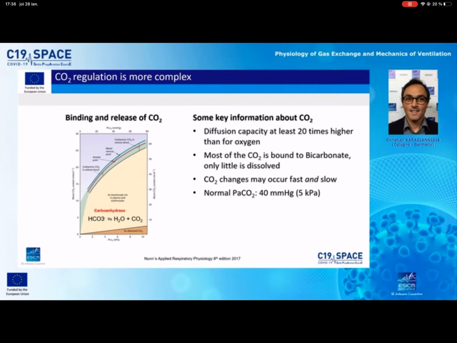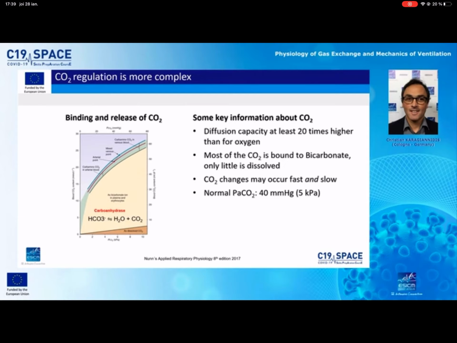And bicarbonate can release CO2, which is dependent on the carboanhydrase, the most important enzyme to get CO2 out of the bicarbonate. And as you can see here in this picture, most of the CO2 is stored in bicarbonate in our body.